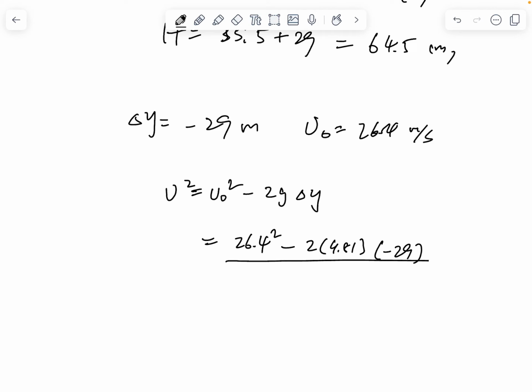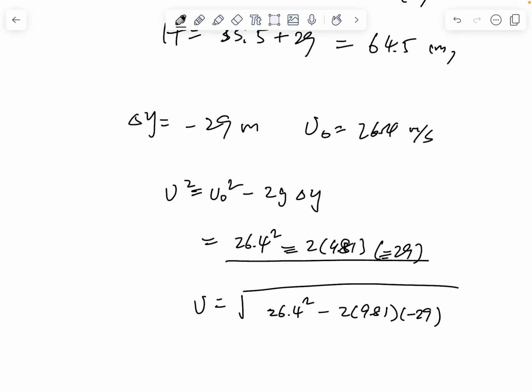Calculate this out. Negative times negative, you do addition actually. Then v equals the square root of that. Okay, so that is your speed.